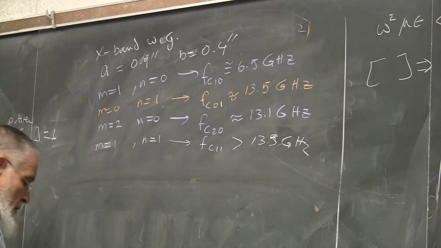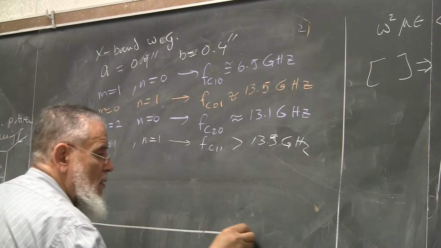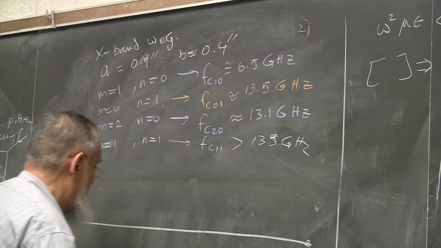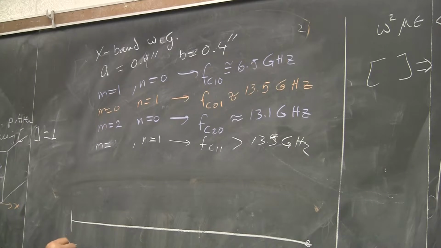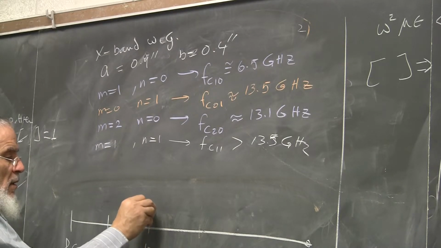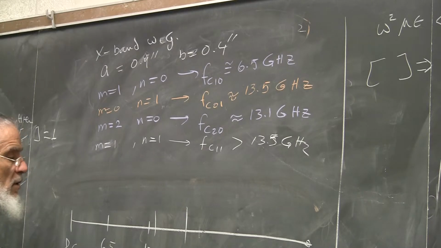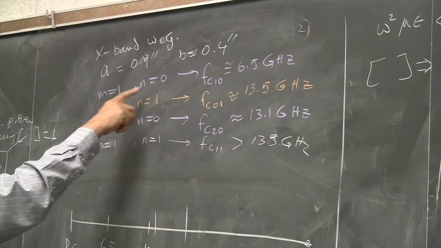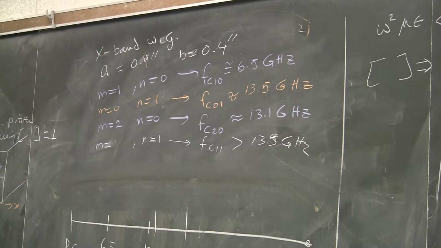So if I go on the frequency axis now, and that's my DC, 6.5, 13.1 approximately, and then the next one and the next one. The 1,0 mode is cut off here, all right? So that's done in blue.